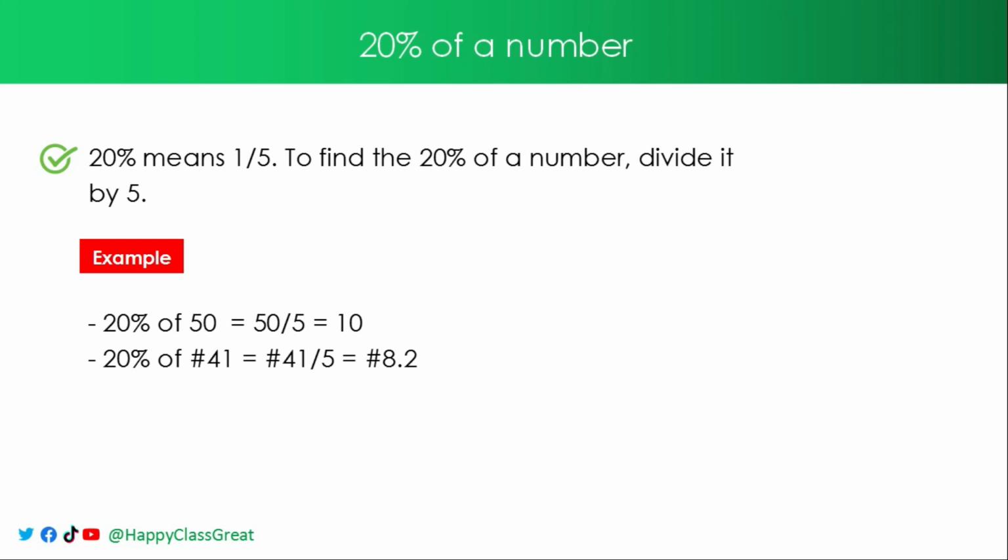Now if you don't know how 41 divided by 5 equals 8.2, you have already been taught how to convert from fraction to decimal. And whenever you see a fraction that has a denominator of 5, you just multiply both numerator and denominator by 2, you understand. So keep that in mind and remember that one.